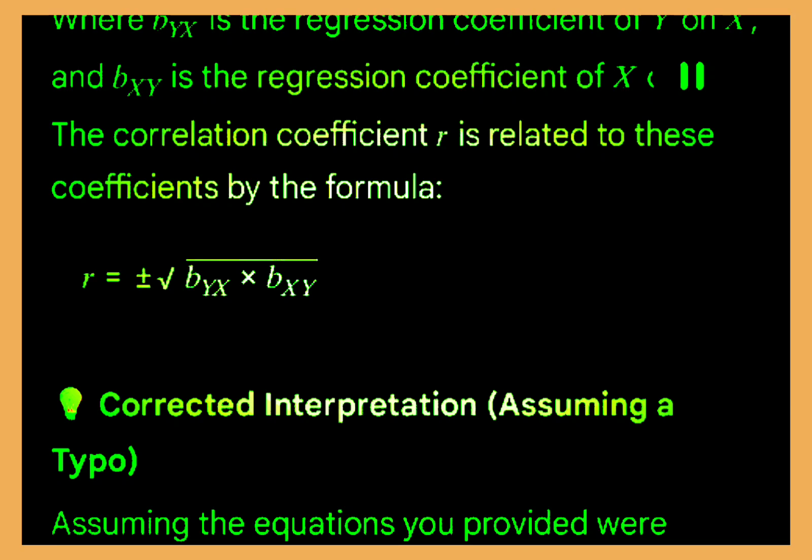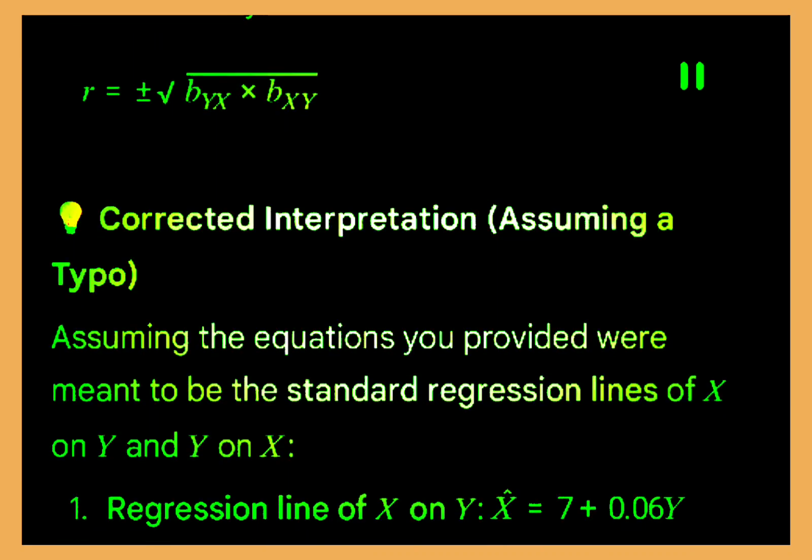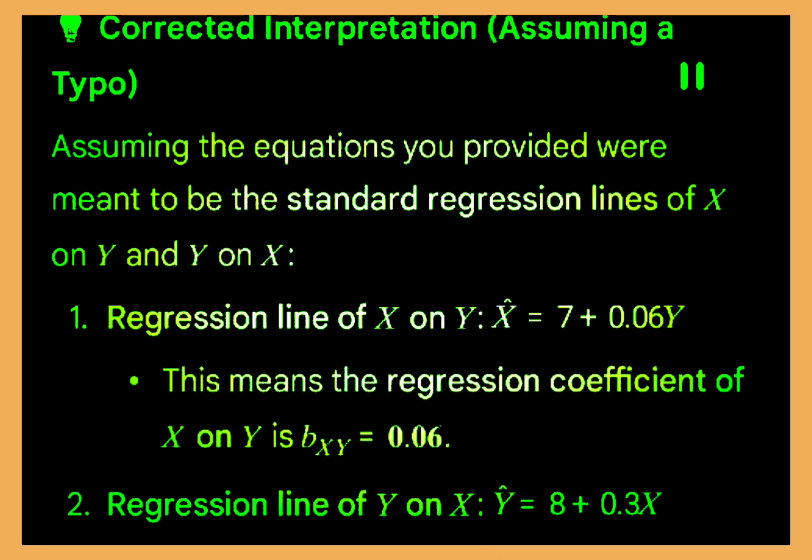Corrected interpretation, assuming a typo. Assuming the equations you provided were meant to be the standard regression lines of x on y and y on x. 1. Regression line of x on y: x-hat equals 7 plus 0.06y.